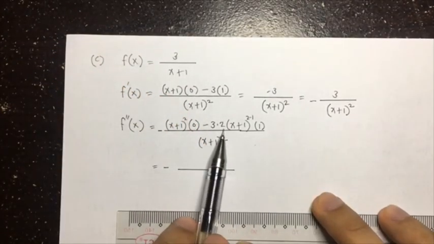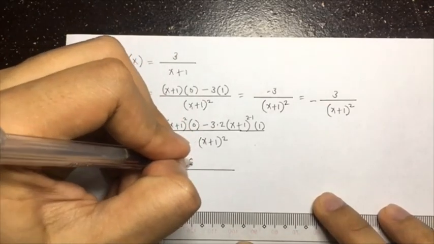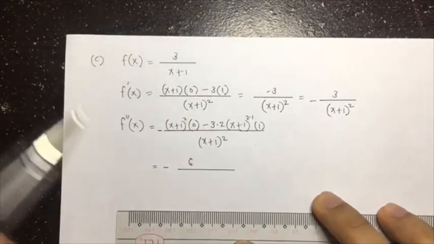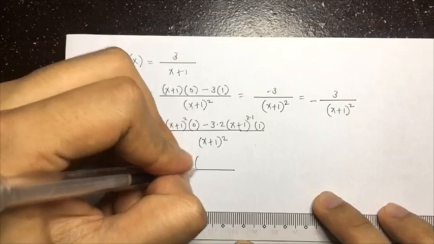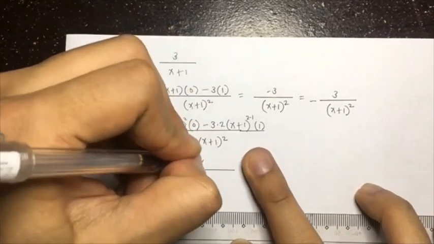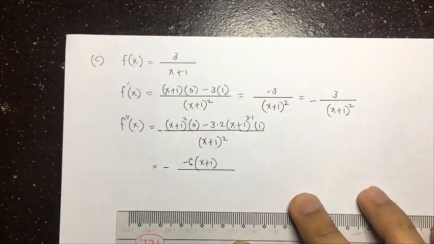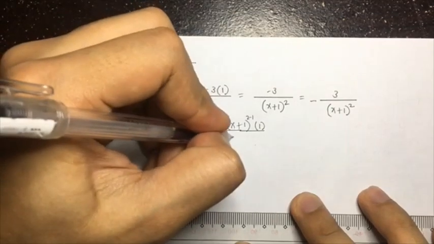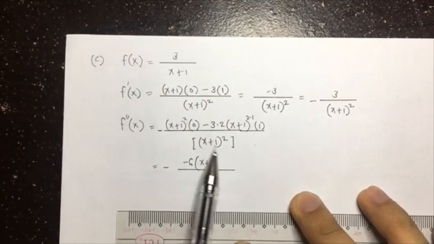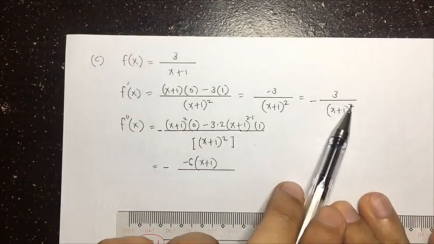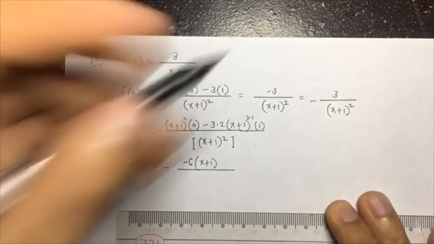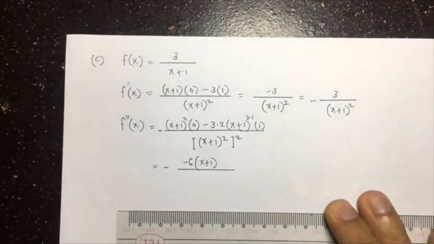Okay, so simplifying this, we will have negative, this will become 3 times 2 times 1, so that is negative 6 times x plus 1, over, sorry, this should be denominator squared. Since our denominator is x plus 1 squared, this will be x plus 1 squared and then squared.